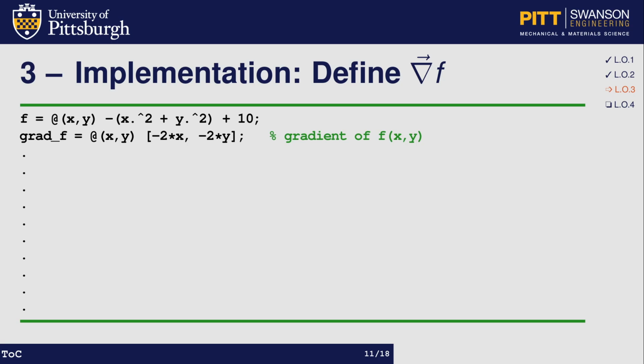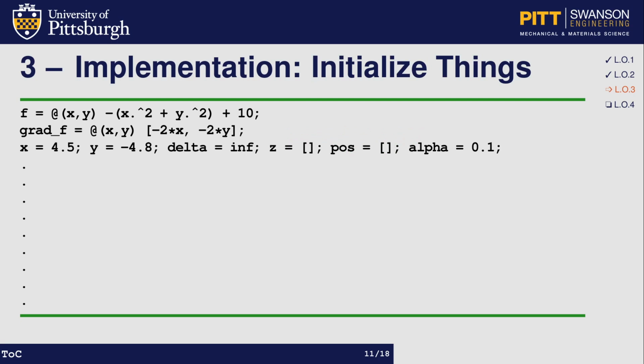In some cases where you don't have the analytic form of your surface, it might be necessary to change this implementation into a numerical approach, following some of our examples in previous classes with the finite difference method. Then we can initialize a couple of parameters. For example, x and y are our starting positions. Delta will represent the norm of the difference in the coordinates, and we'll initialize that to infinity.